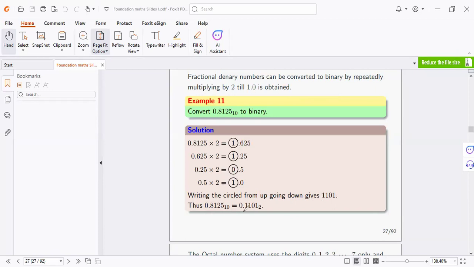So that's all we do. This is what we got. So if you are given a number that has a fraction, to convert to another base, we are multiplying and multiplying until you get a whole number.